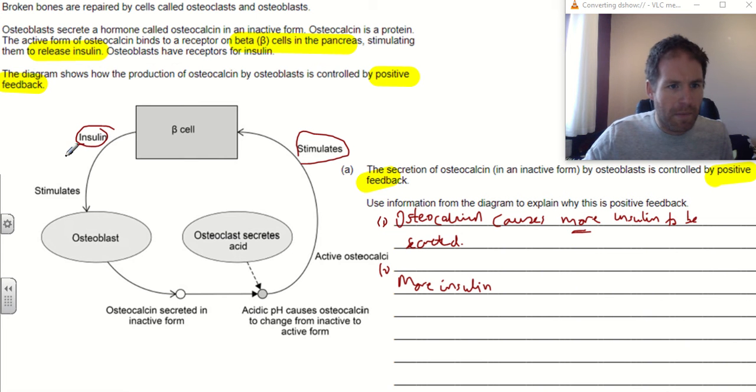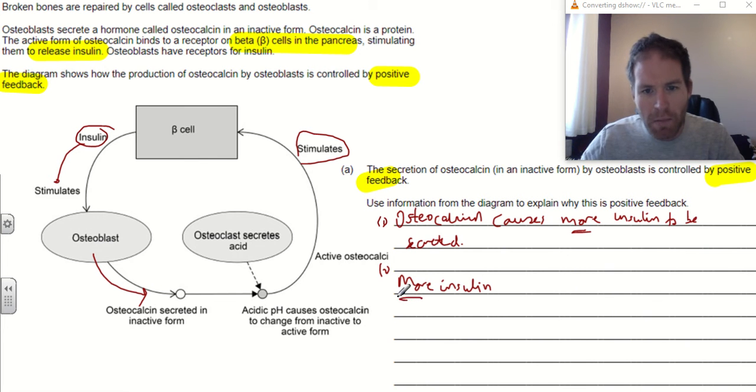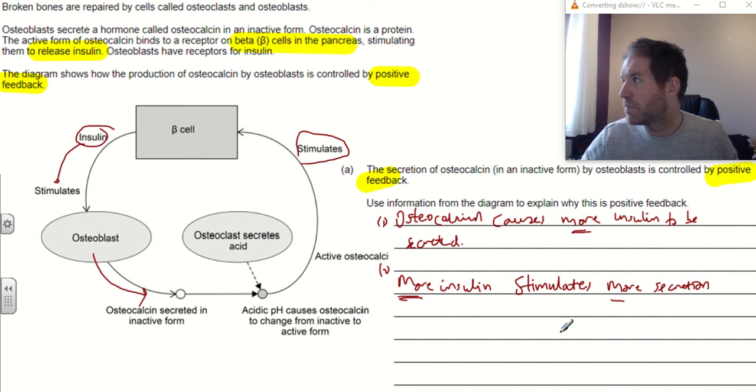However, more insulin stimulates osteoblasts to release more inactive osteocalcin.